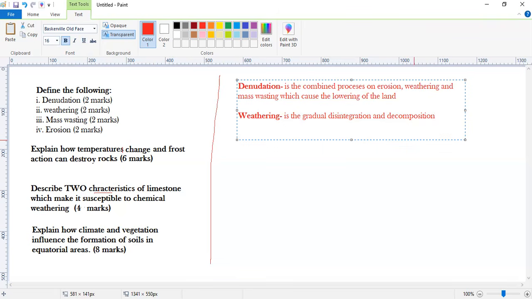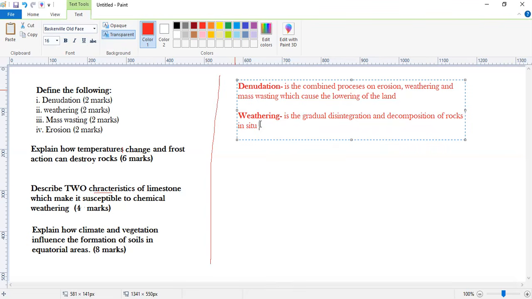All right. So it is a gradual disintegration and decomposition of rocks. And this term, I want you to remember to use it if you get a question like this, in situ. What in situ suggests is that weathering does not move the material. It simply breaks it up or breaks it down.